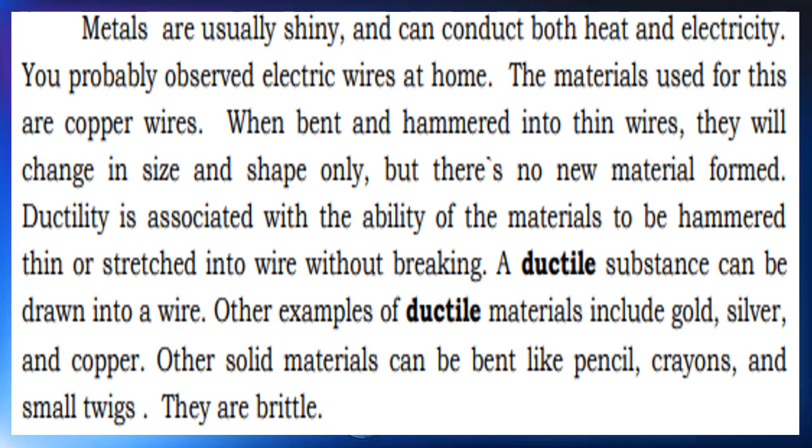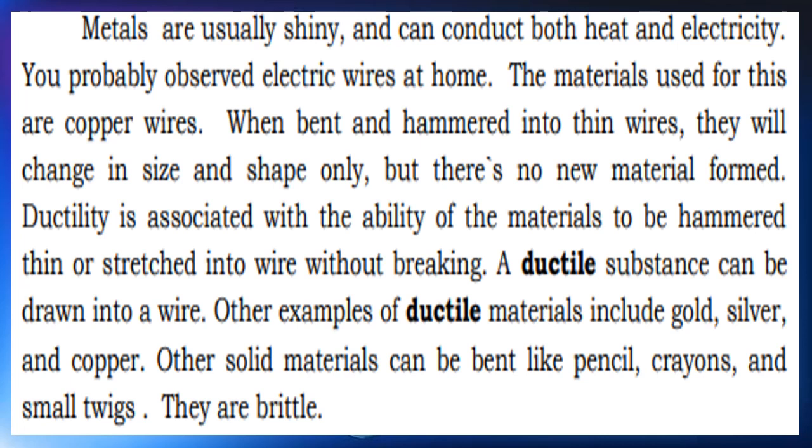Metals are usually shiny and can conduct both heat and electricity. You probably observed electric wires at home. The materials used for this are copper wires. When bent and hammered into thin wires, they will change in size and shape only, but there's no new material formed.